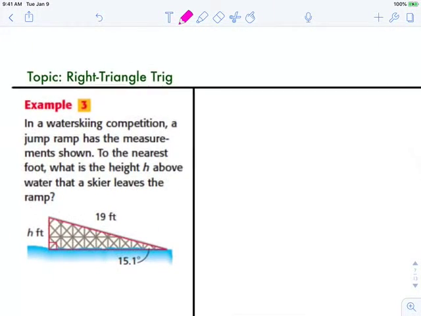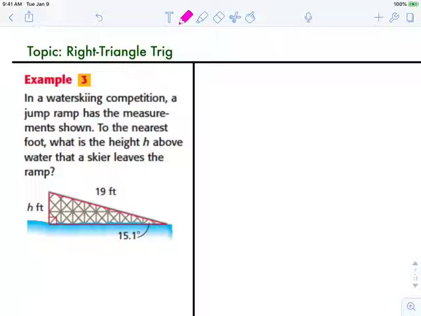Let's try on this one. You guys tell me how tall is this little ski ramp going to be? Use what we just did. All right, so give it a try. Work together too if you're not sure.